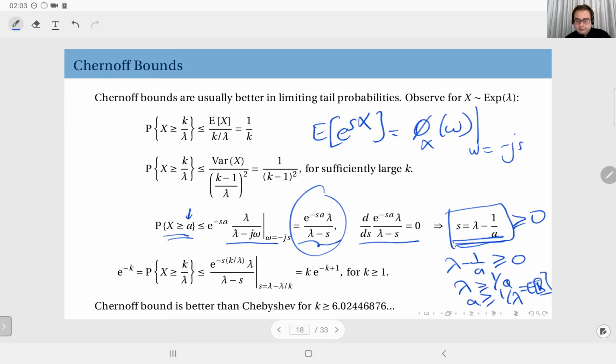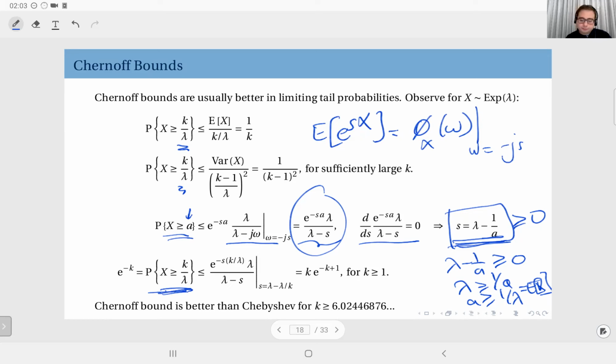So just plug in this value for this quantity, x exceeding k over lambda, as in here. Now, we obviously know this quantity from the complementary CDF of the exponential distribution.